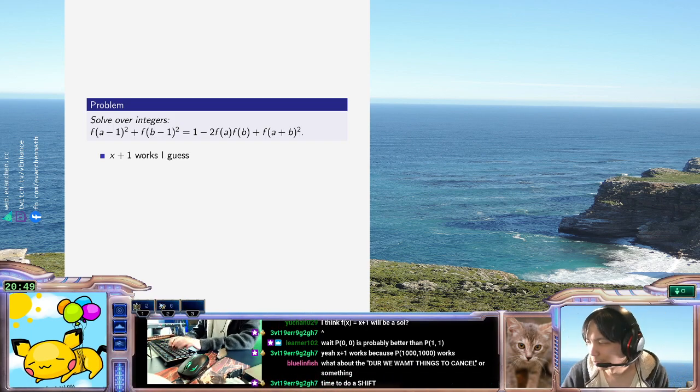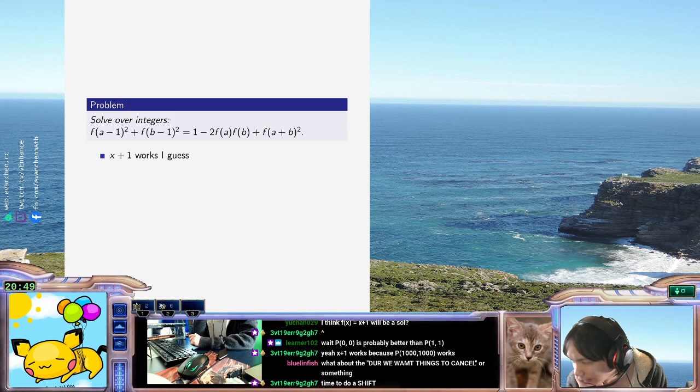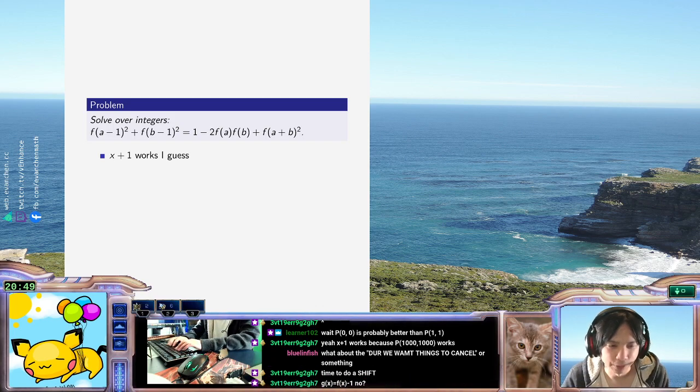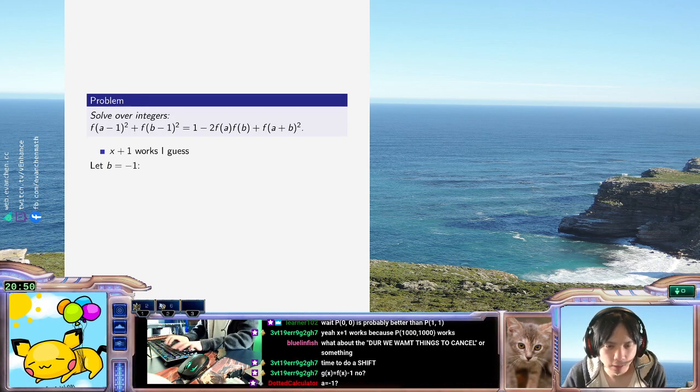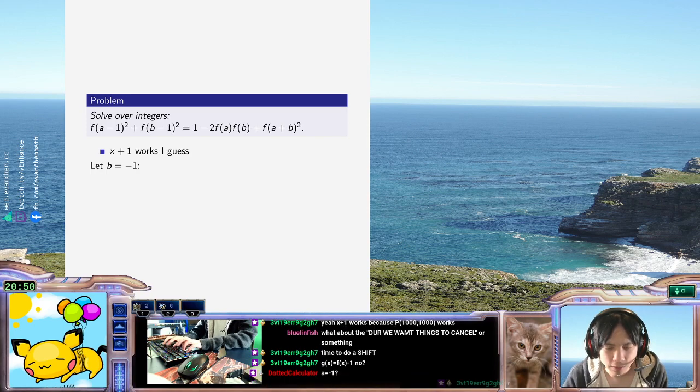Okay, so I'm going to let b equal 1. B equals minus 1. I'm gonna let b equal minus 1, and the reason is that if I do so, then what do I get? Constant here, 1 minus 2 f of minus 1. Constant here, f of b plus f of a minus 1 all squared.